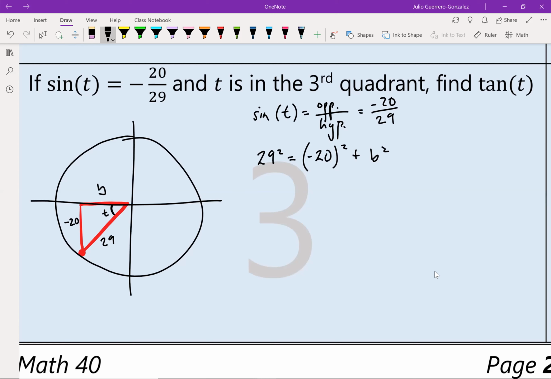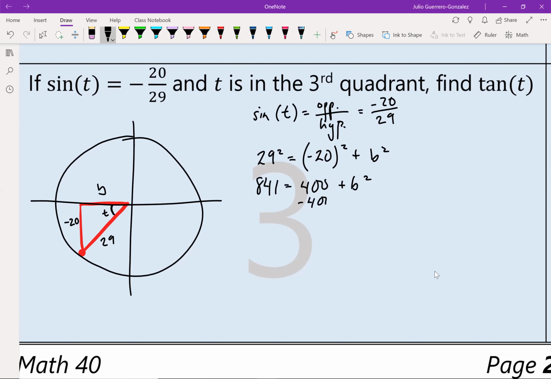So 29 squared is 841, is equal to 400 plus b squared.